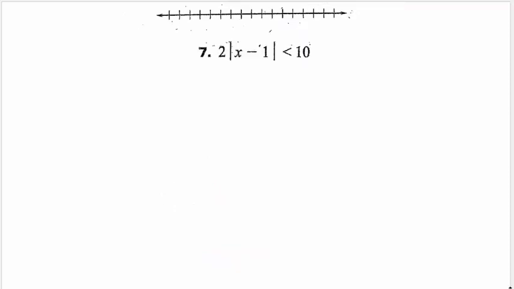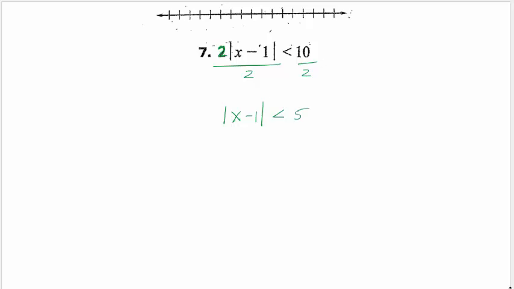All right, this one's a little bit different. If you notice, we have something outside of the absolute value sign here. Before we deal with having the positive solutions and the negative solutions, we have to first get the absolute value by itself on one side. So we'll divide both sides by 2. Now we have the absolute value of x minus 1 is less than, oops, not less than or equal to, just less than 5.